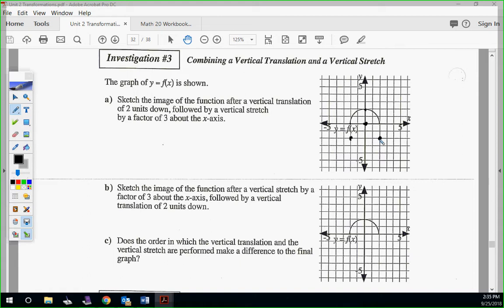Followed by a vertical stretch by a factor of 3 about the x-axis. So a factor of 3, I'm not reflecting, I'm just stretching, right? Because it's not negative. So that's times what? Times 0, right? It's not going to go anywhere, so it stays there. These grow from 2 to 6. Just like that. So it looks like this now.